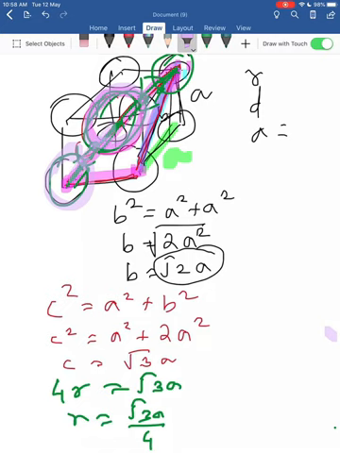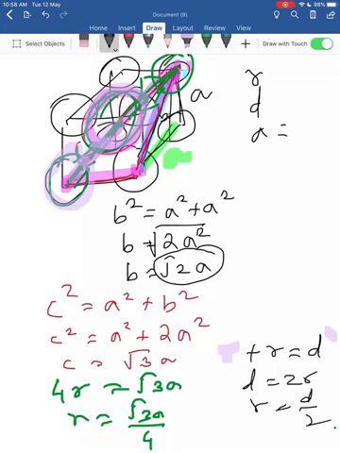If I want to find the distance between these 2 nearest neighbors, one is r and the other is also r, which is equal to the distance between the 2 nearest neighbors. So d is equal to 2r, or you can say r is equal to d by 2. This is the relationship between the nearest distance and r.